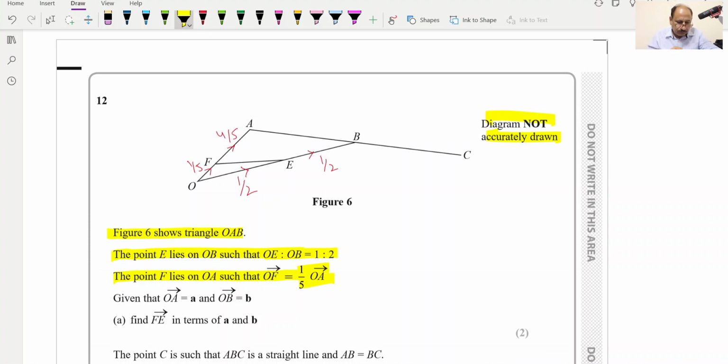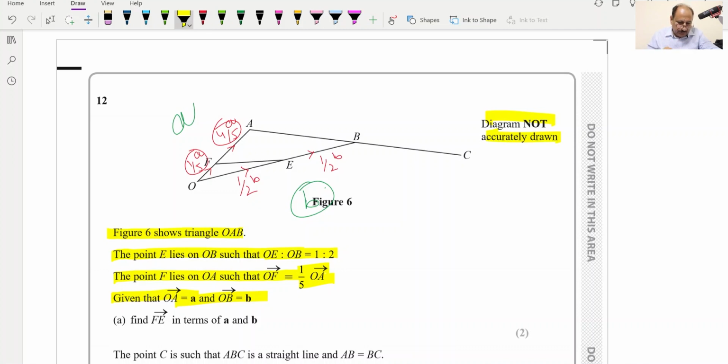Given that OA is equal to a, this whole side is a. So 1 by 5a and 4 by 5a are the measurements which we have written over here. And OB is equal to b, so this side is b, and this will be 1 by 2 of b, and this is also 1 by 2 of b.